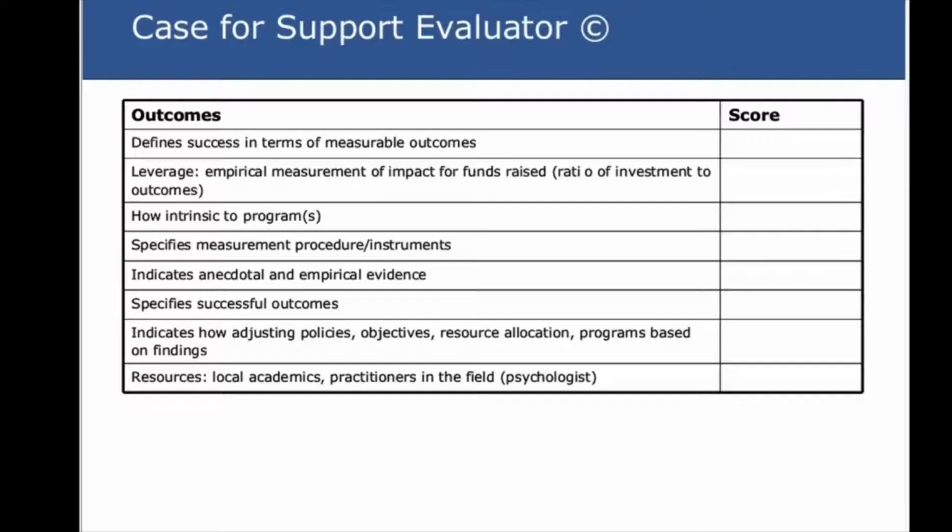If you're working with animals, go to the animal husbandry or veterinarian colleges locally, and see if there's an academic there who would be interested in utilizing your programs as a study for them. It gives you the ability to get the kind of data you need, and it gives them the information that they need to perhaps publish papers and articles. So it's a win-win for everybody involved.